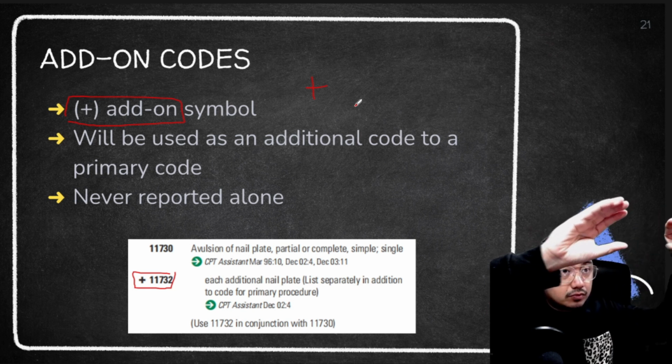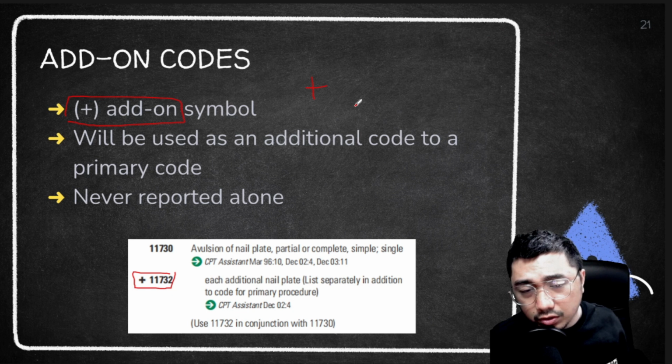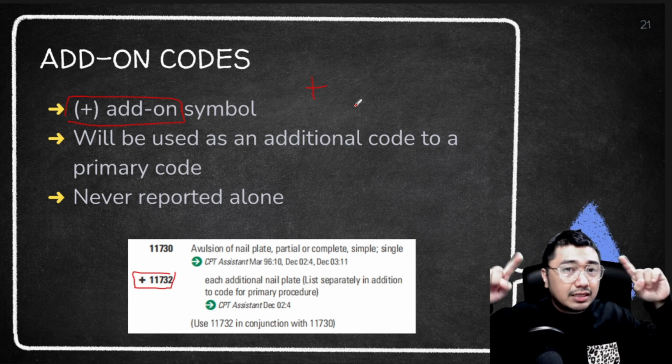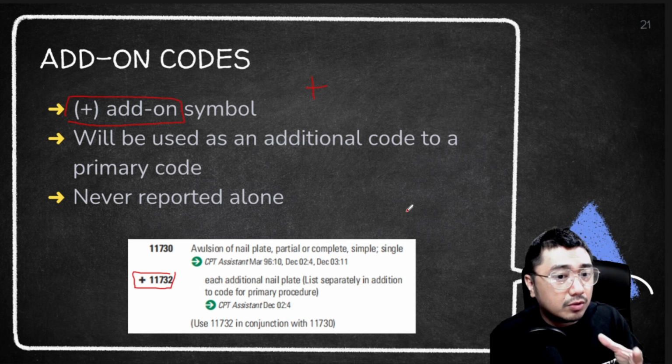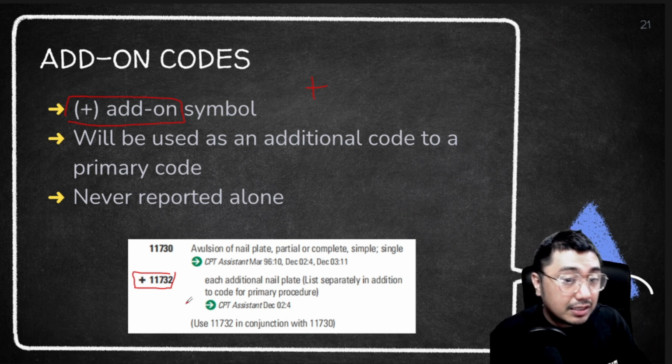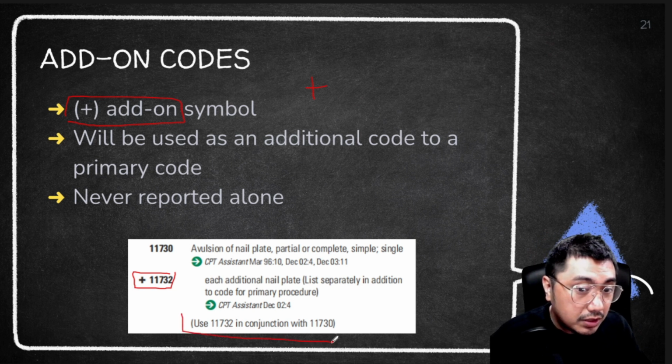Which code are we going to add this add-on code to? It depends on what is written in the parenthetical notes for whatever code you will be applying this add-on code for, just like this: 11732 is to be used in conjunction with 11730.